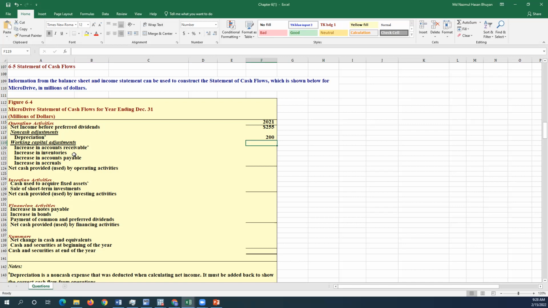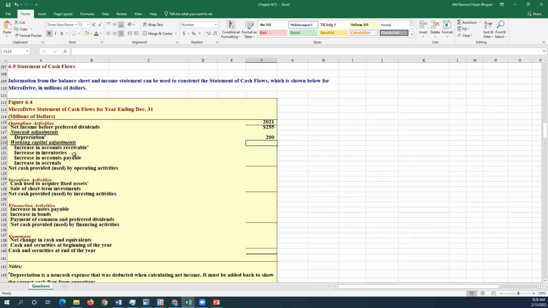So it is your cash outflow. So increases in the current assets accounts applicable to the working capital calculation should be your cash outflow. Likewise, decreases in the current assets accounts applicable for the working capital adjustment should be your cash inflows.